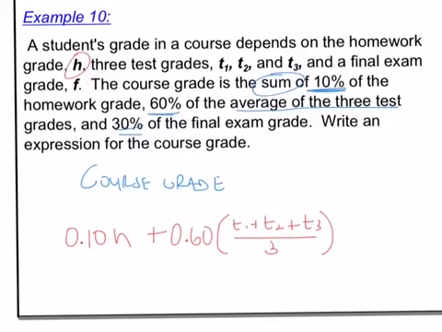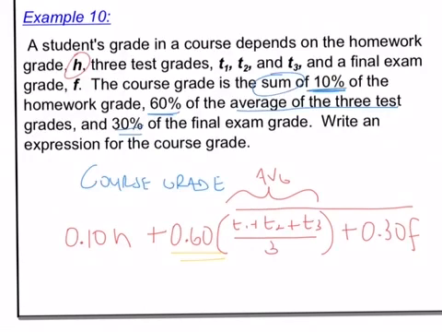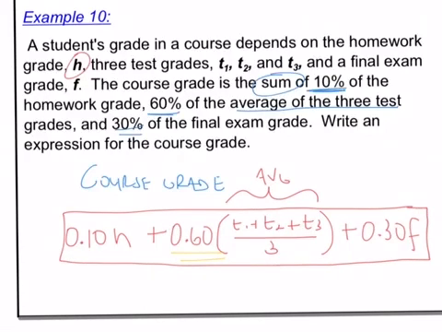So this parentheses right here gives me the average of the test scores. Then I'm going to multiply that by 60%. Okay? And then the last part, 30%, is the final exam grade. So I'm going to add 0.30F, which was the exam score. And this entire expression here is how you could calculate your grade.